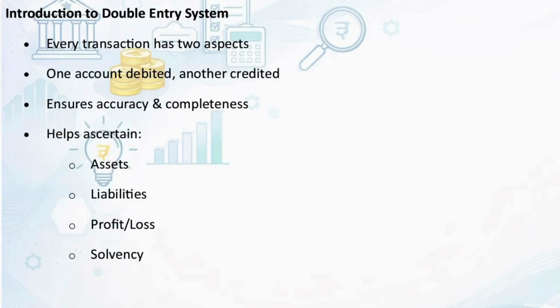First of all we will talk about the double entry system. This is the backbone of modern accounting. Every transaction has two accounts.